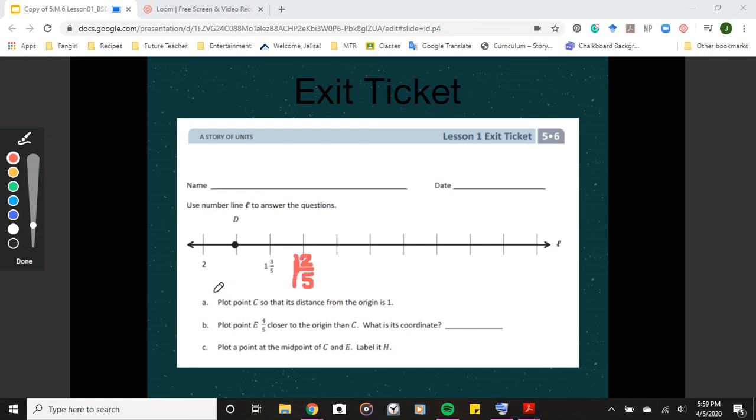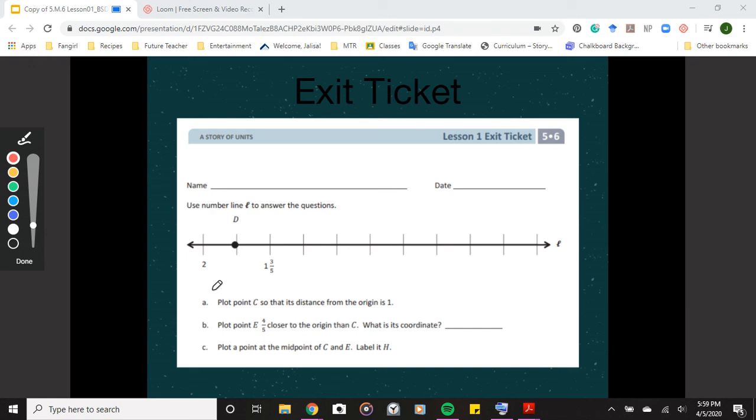For letter A, it says plot point C so that its distance from the origin is 1. Whoa. Plot point C so that its distance from the origin is 1. This is just asking you where the point 1 would be.